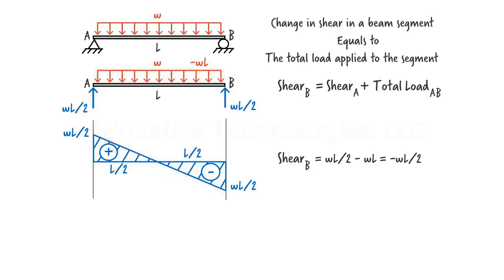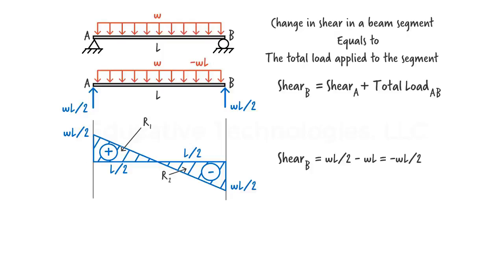Note that the shear diagram consists of a positive region and a negative region, with shear being 0 at the midpoint of the beam. Let's label the positive region R1 and the negative region R2. We are now in a position to draw the moment diagram using the constructed shear diagram. To do so, we need to calculate the area under the shear diagram.